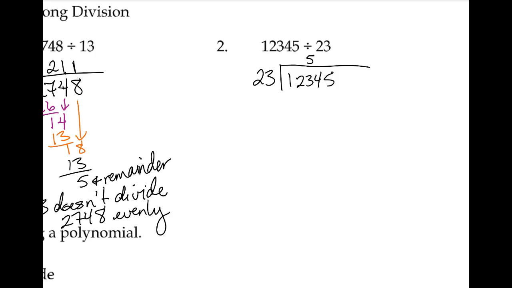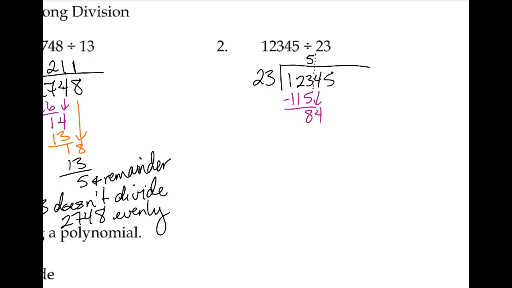So 5 times 3 is 15, 5 times 2 is 10, add another 1, 115, and so when we subtract this, I end up with 8 left over, and we bring down the 4. So again, we see that 5 lined up with the 3, because I stopped there, and that was the number I was trying to see how many times 23 went into.